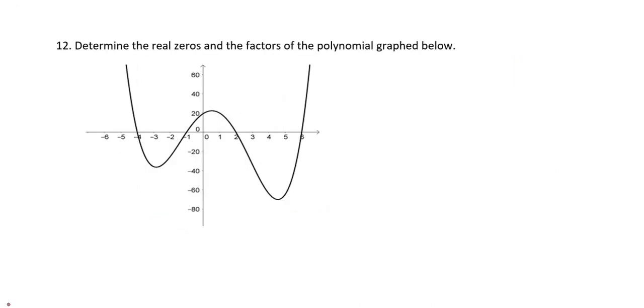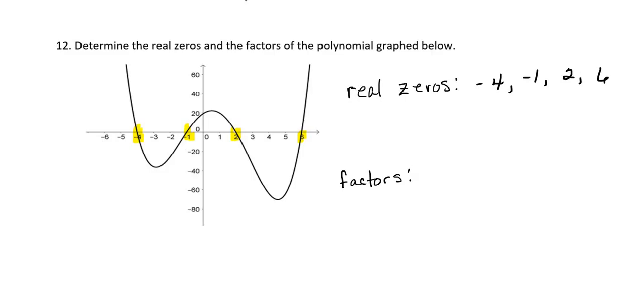In this problem, I'm asked to determine the real zeros and the factors of the polynomial graphed below. My real zeros are my x-intercepts, -4, -1, 2, and 6. My factors are x plus 4, x plus 1, x minus 2, and x minus 6.